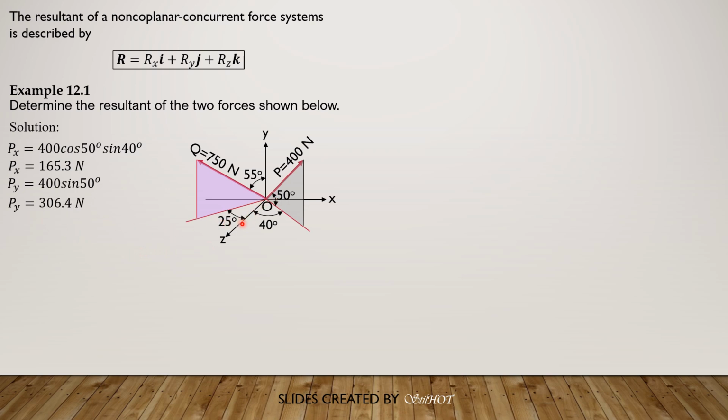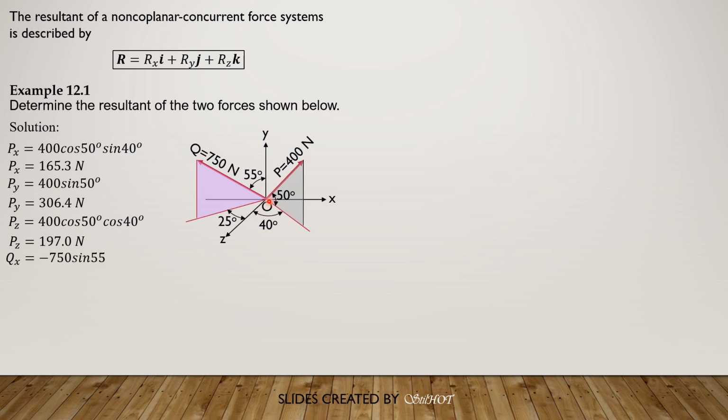P sub z, which is positive, is Pxz, which is 400 cosine of 50, times the cosine of 40, since this is the adjacent side. So P sub z is equal to 197 newtons.